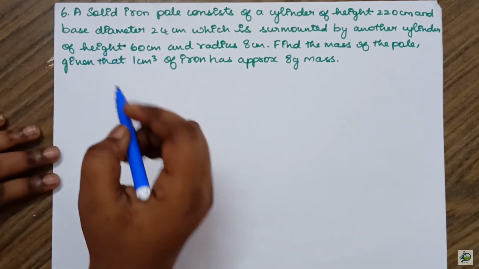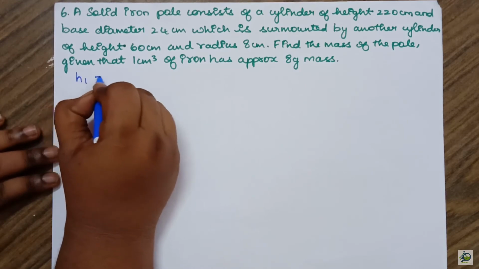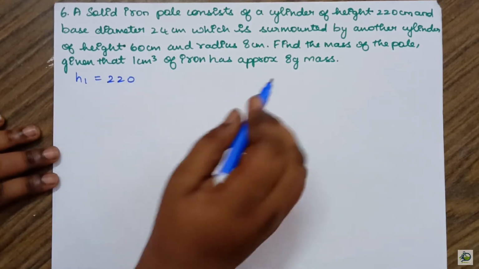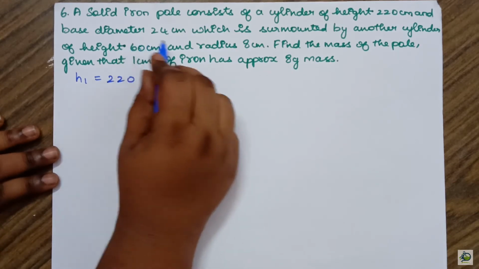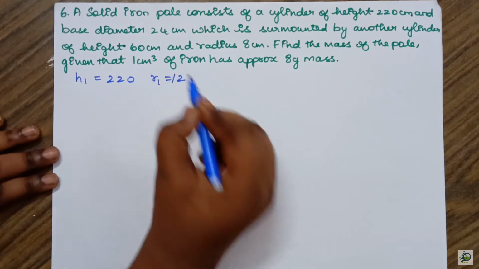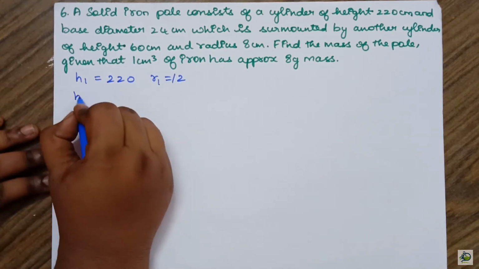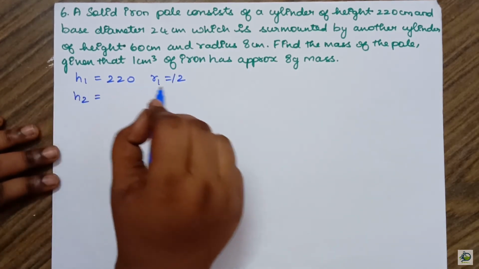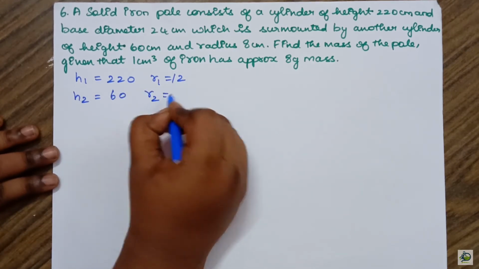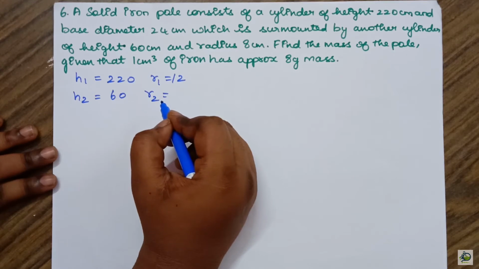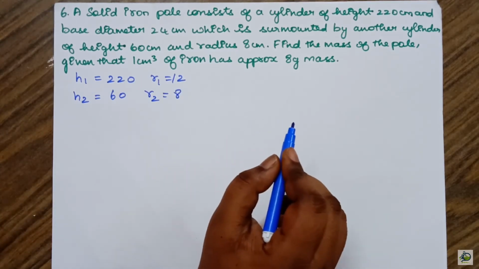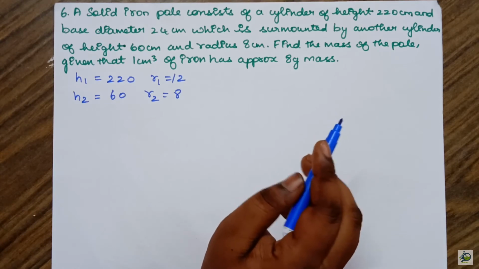Okay, let's do. It is given H1, the first cylinder height, as 220 centimeter and diameter is 24, so radius R1 will be equal to 12. Next is H2, the height of the second cylinder, is 60 centimeter and its radius R2 is 8 centimeter. Now what we are going to find is the final mass of the pole.